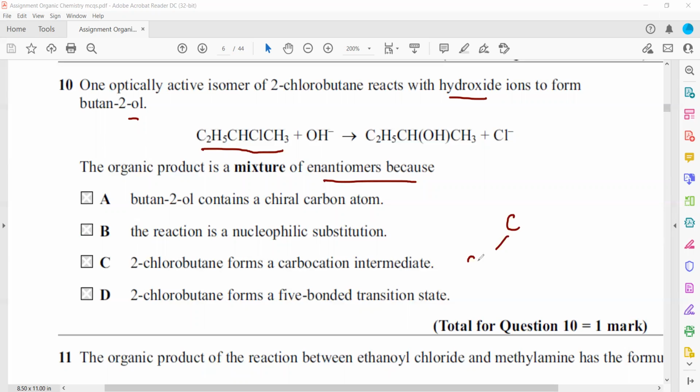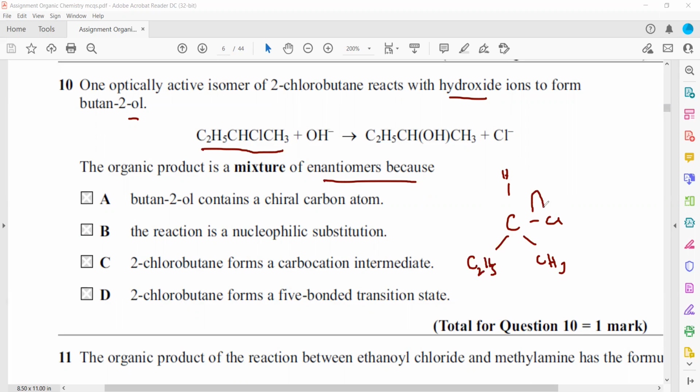If you remember the SN1 mechanism, C2H5 is there, then this is Cl and CH3. First, the bond breaking will occur in this compound, because the tertiary halogenoalkane cannot react in one step; they react in multiple steps.